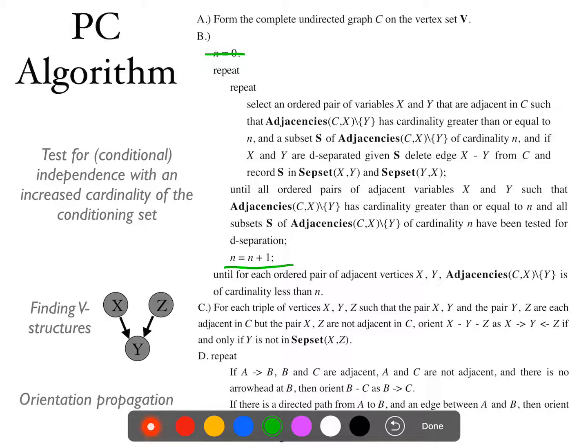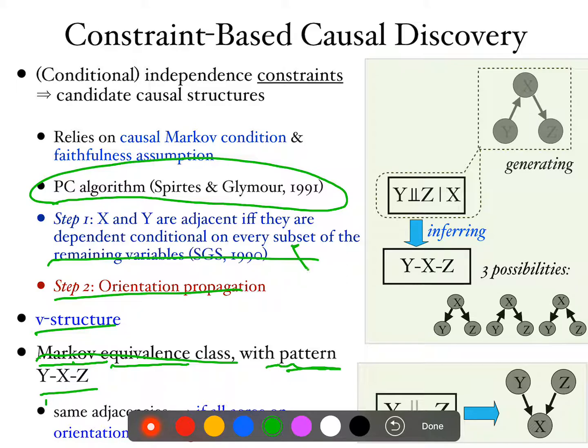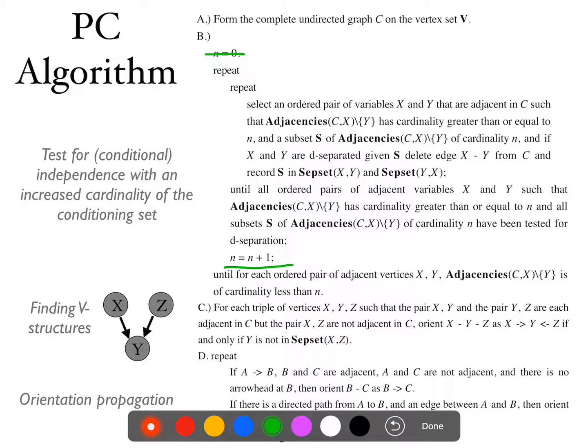Because if x and y are d-separated, then they must be conditionally independent given either a subset of the parents of x, a subset of all variables adjacent to x, or a subset of all variables adjacent to y.